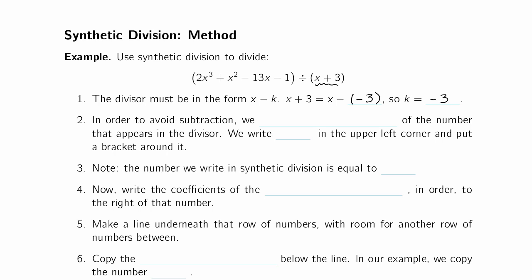Now, we saw when we previewed synthetic division that in order to avoid subtraction, we want to take the opposite of the number that appears in the divisor. So we'll write negative 3 in the upper left-hand corner of the space where we're going to work, and we'll put a bracket around it. Notice that the number that we write is just the value of that k. It's just what's being subtracted from x.